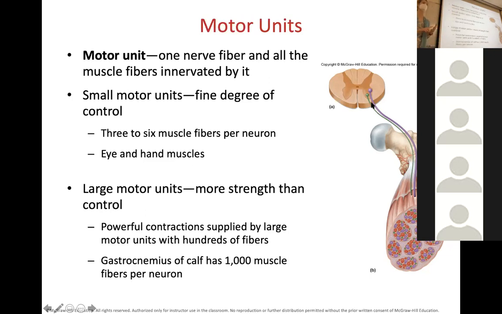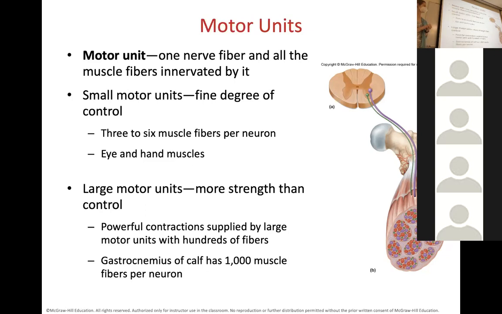We have both small and large motor units. The small motor units basically control muscles that have a really fine degree of control, like your fingers and your eyes. They can move in very specific ways.